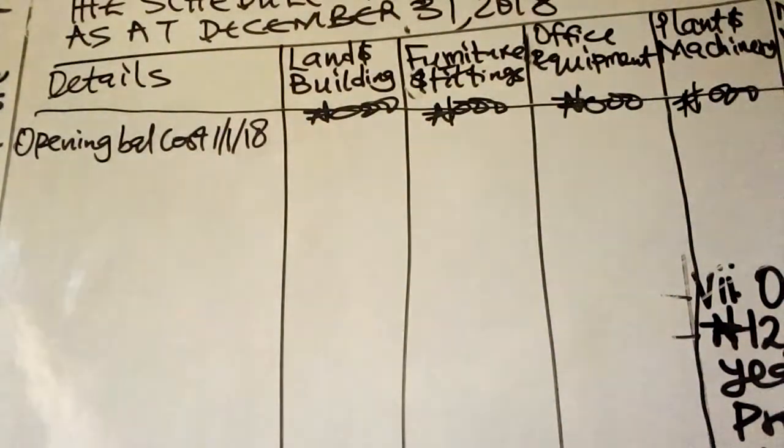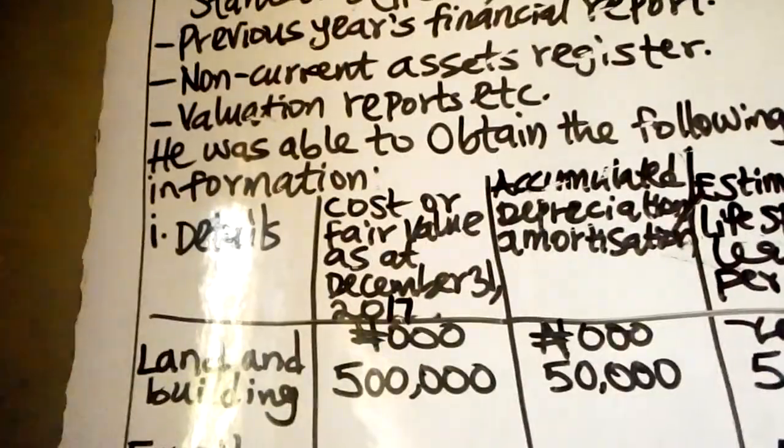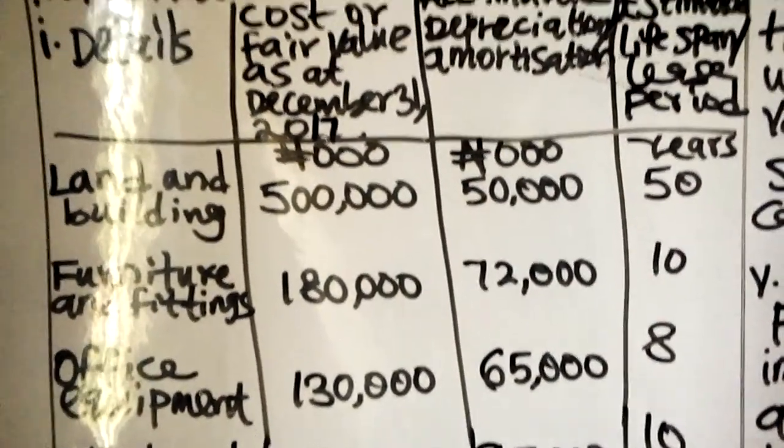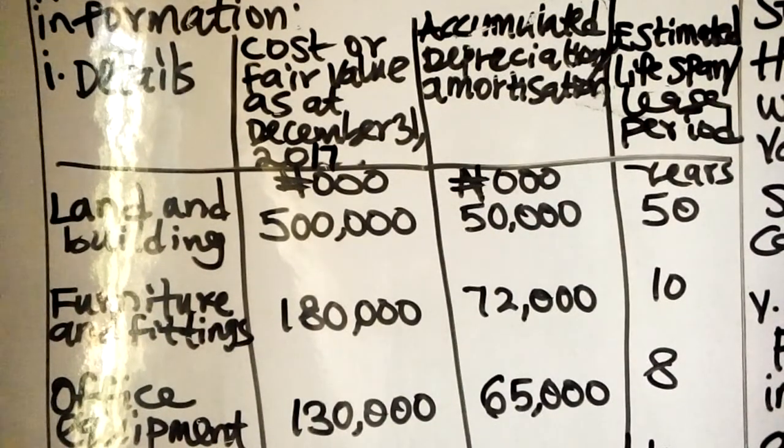That is the closing balance as at 31st of December 2017. The closing balance as at 31st December 2017 will be the opening balance as at January 2018.